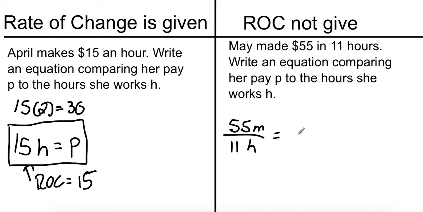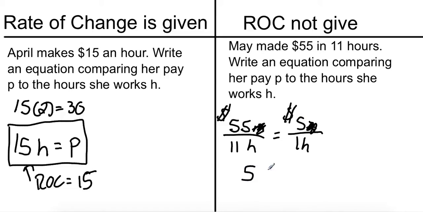So here, after 11 hours, we divide 55 by 11, and we see that they're only making $5, so I'm going to use M for money. Actually, I should probably use the dollar sign in this case, just for our proportion. Definitely not in our equation. So $5 every 1 hour. So I can tell my rate of change is $5 every 1 hour.